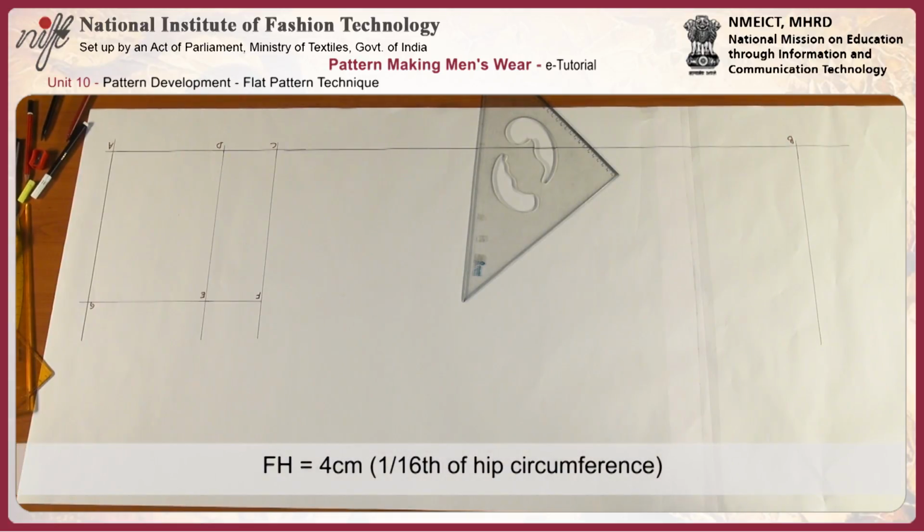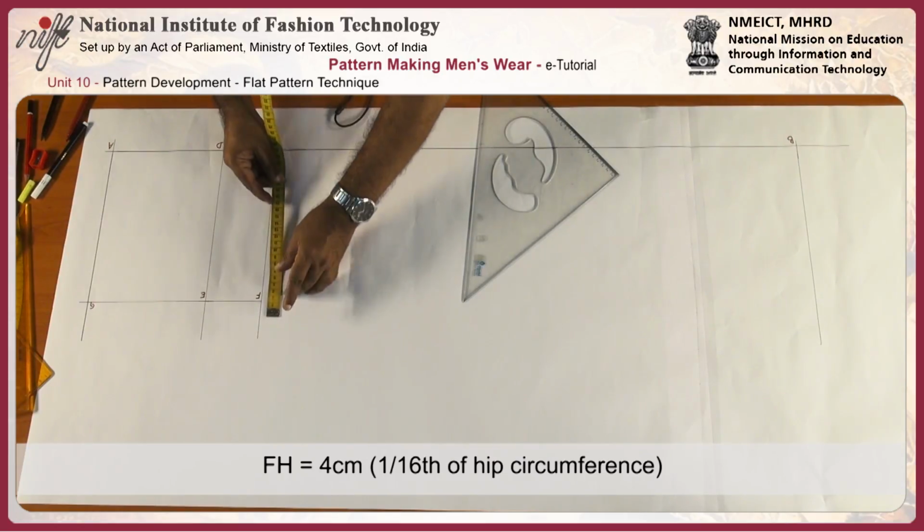F to H is 4 centimeter, which is 1/16 of hip circumference.